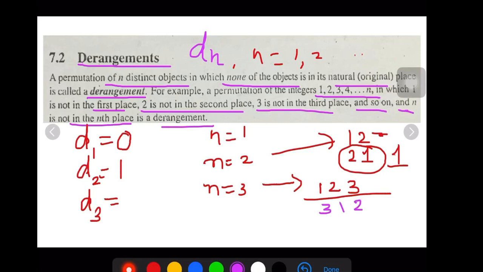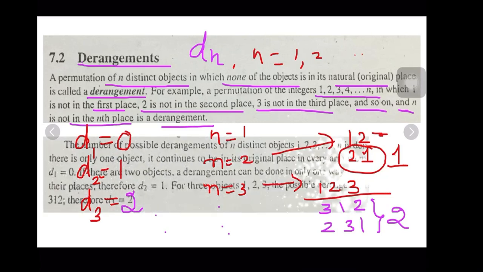The other option is placing 2 in the first place, then 3 and 1. Any other places you can place? No, you cannot. If you try to place in other places, at least one element will be in its original place. So there are only two options, and D3 becomes 2.